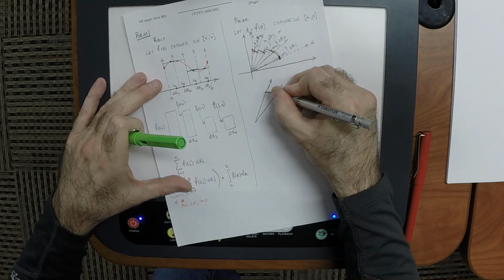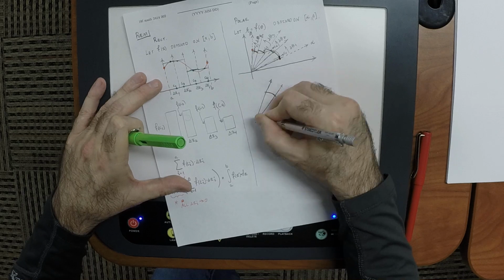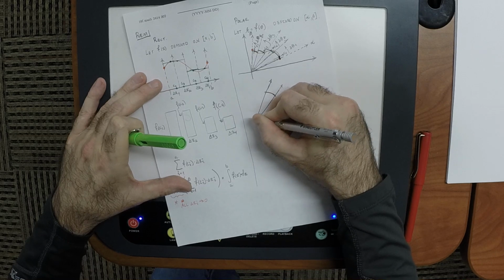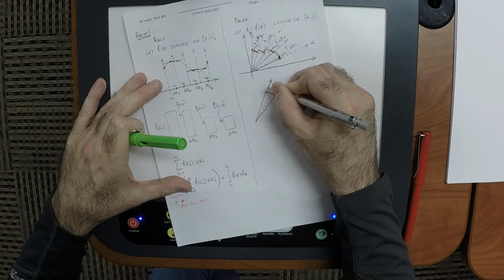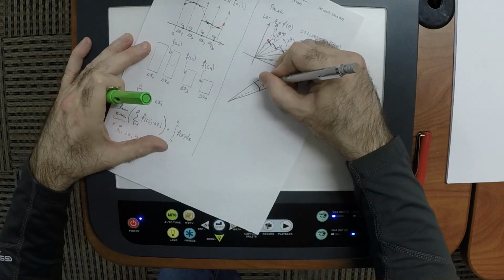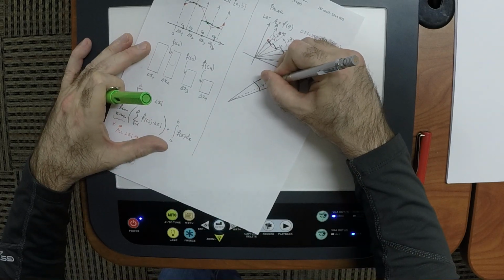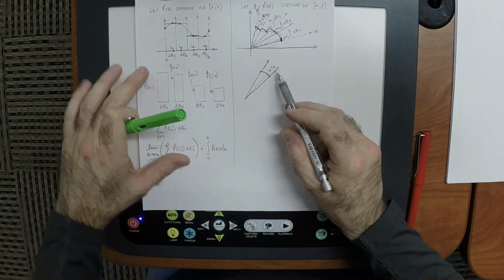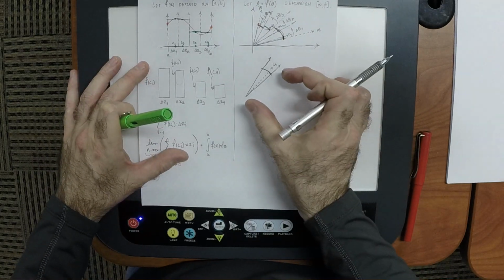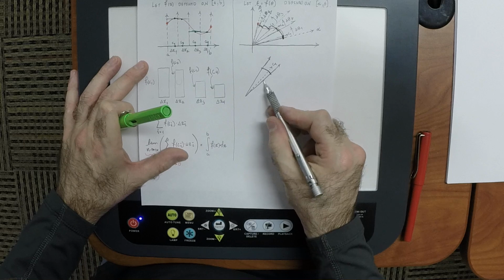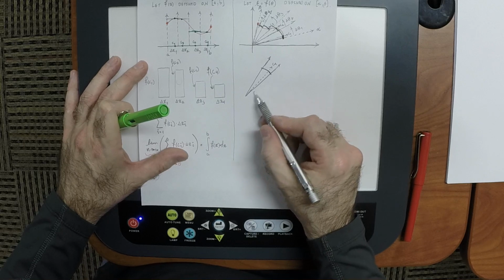And now, this is angle C1. So that's angle C1. And then my question is, what is this thing right here? What's that radius? How do we calculate that?